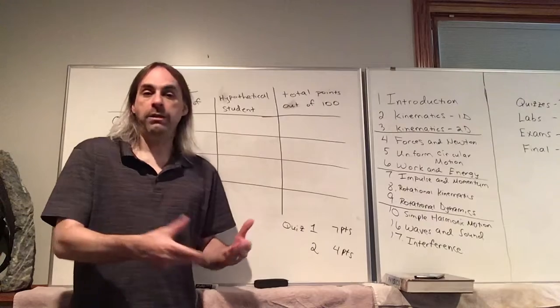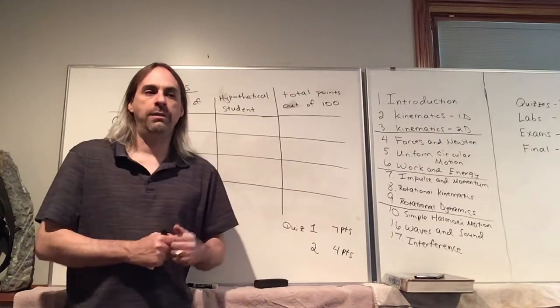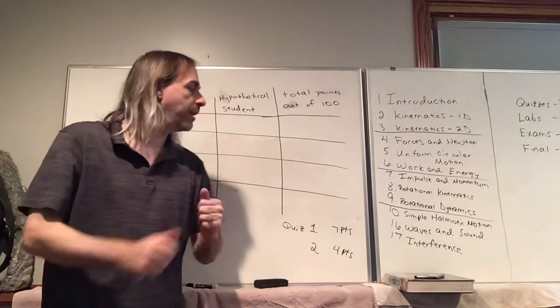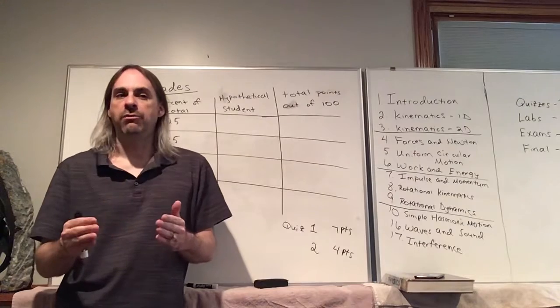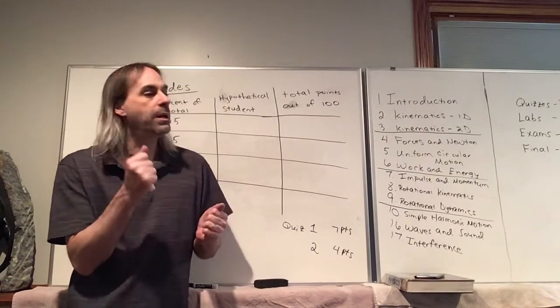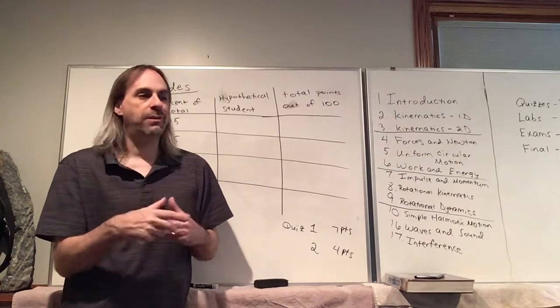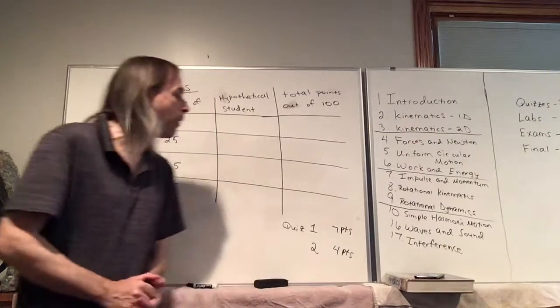Obviously, if you get it right, you get full credit. But I think of the steps that go into it and how much I can assign for each part of it. I don't try to normalize each quiz and say every quiz is worth 10 points or something like that, because what we're going to do is convert every quiz to a percentage anyway, which will normalize them all that way.